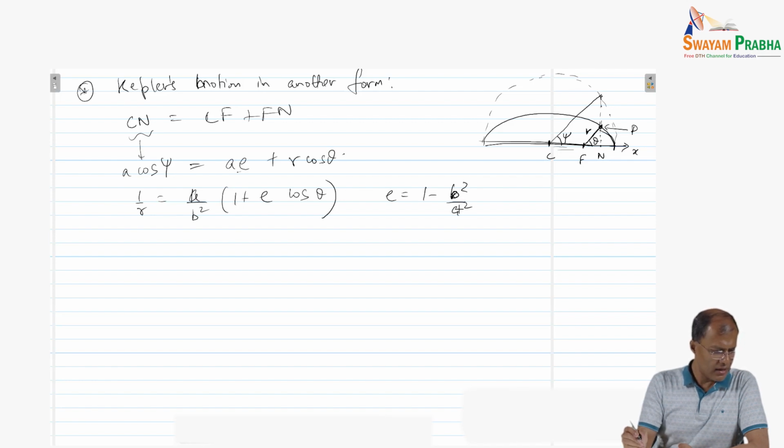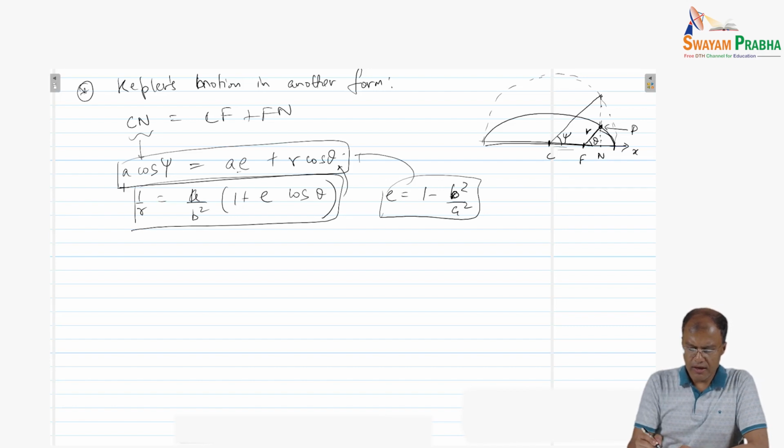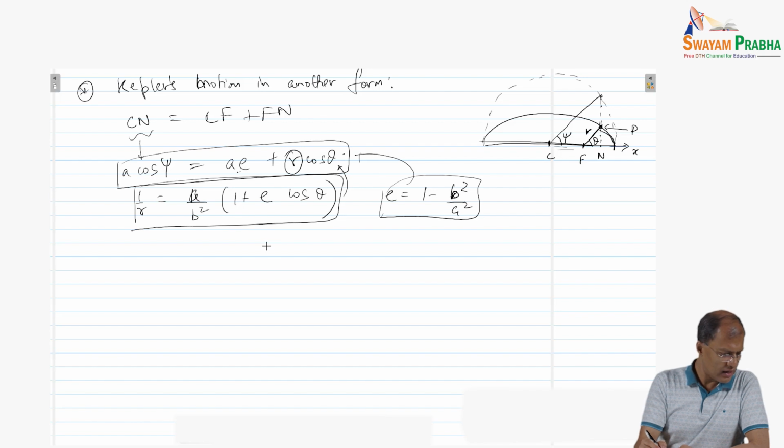And from here, what have we got? We have this equation, we have this eccentricity, and we want to plug everything into this equation that we have. I think we also want to find what is r.